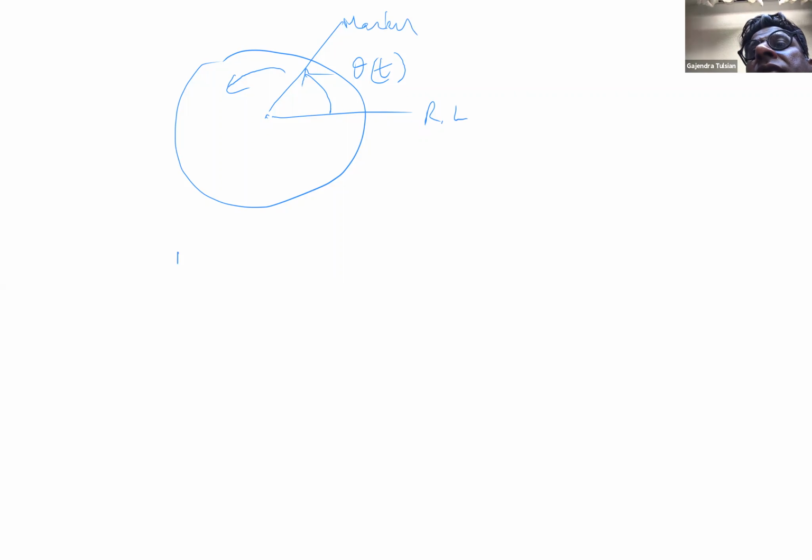So if you give theta as a function of time, now I'll make up some function: 7t cubed plus 3t squared plus 5t plus 11. Now given this function, you have described this motion completely.